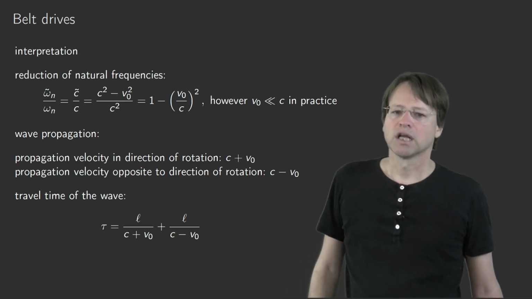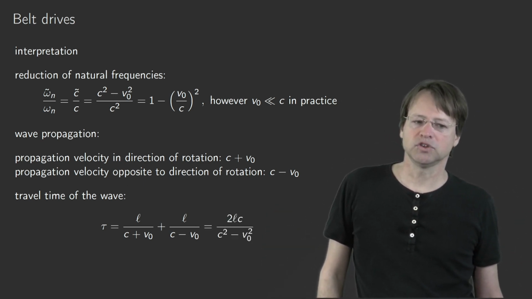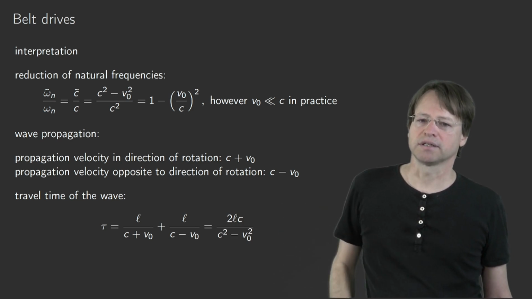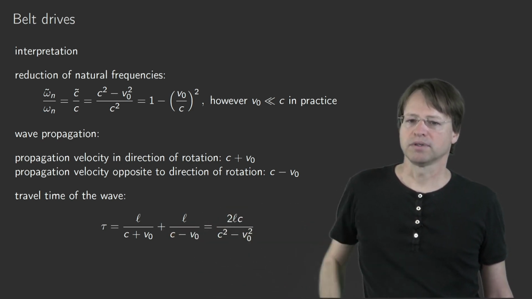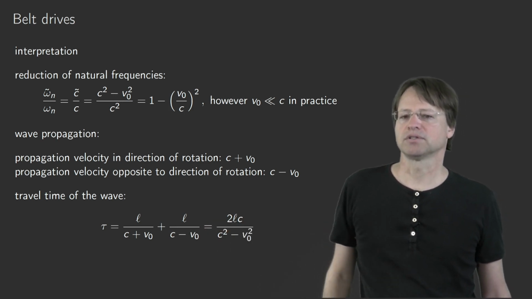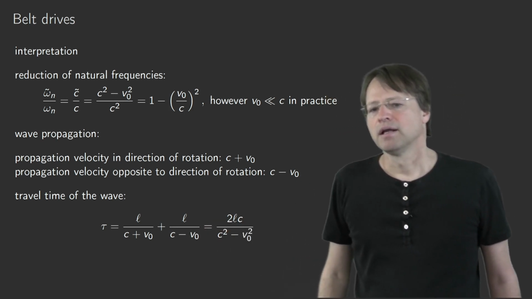Well, let's add this. So we have 2 times L c. We have to multiply the first term with c minus v naught, the second term with c plus v naught.